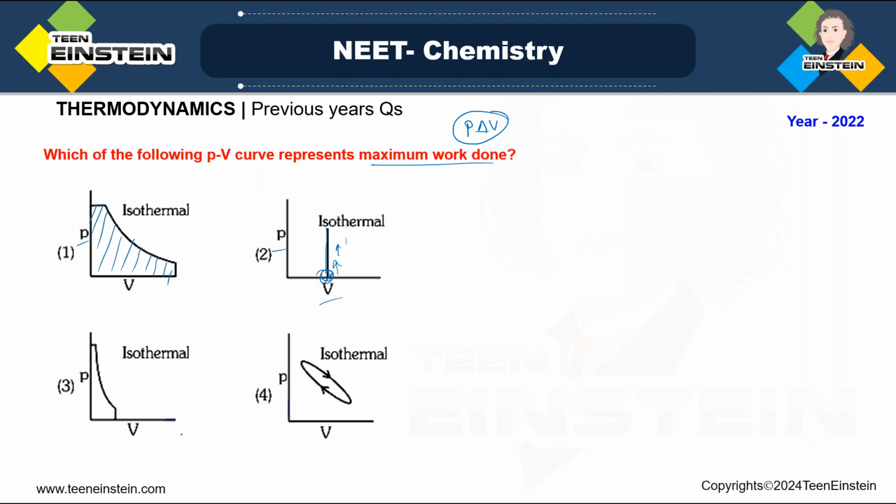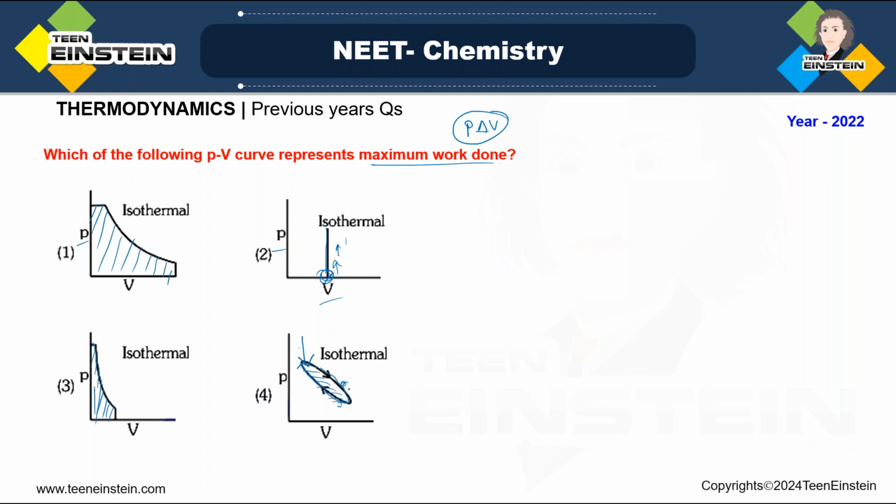Then we have the third option, where if you consider this area, obviously this area is lesser than the first area, isn't it? The first area, easily we can understand, is larger compared to the third, and even larger than this area. Now this is a cyclic process. Cyclic process means suppose you have started from this point, now you are moving clockwise and you reach the same point, whatever point you choose.